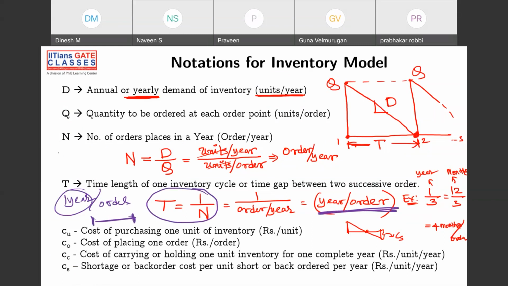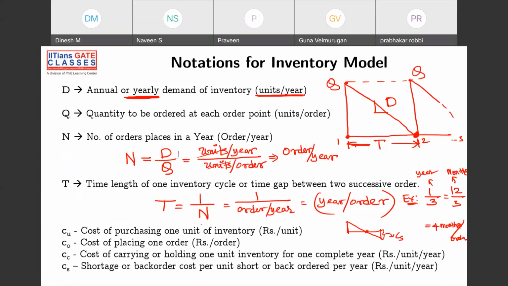Let's say this is 1 year, and you're ordering 6 times. 1 year can be written as 12 months, so 12 by 6 means 2 months. So once in 2 months you're ordering. The time gap between two orders is 2 months. That is why it is 1 by n. N is D by Q, so the time is 1 by n, or you can write Q by D also.